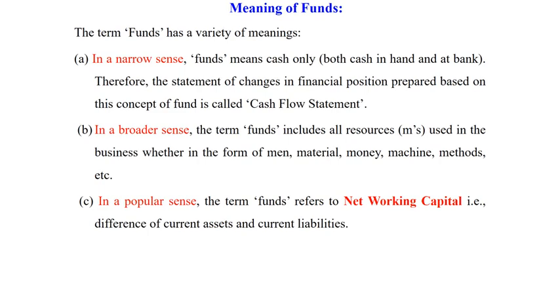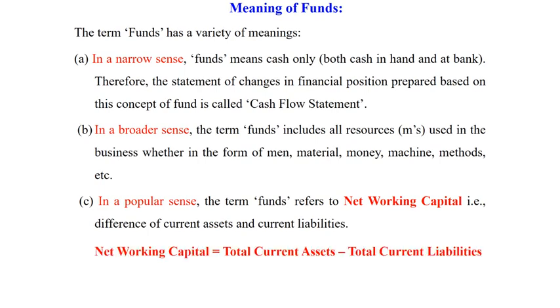So net working capital is, from accounting point of view, as a mathematical equation, the difference between current assets and current liabilities. Specifically, net working capital will be equal to total current assets minus total current liabilities.